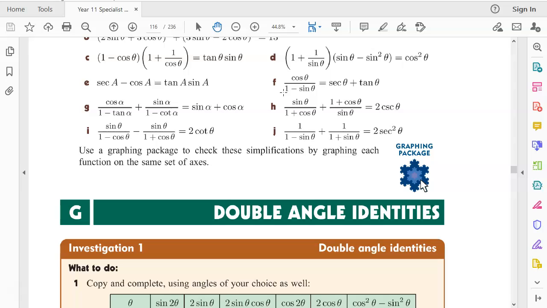So when you times by the conjugate, what is the conjugate, by the way? 1 plus sine. That means downstairs you're going to have 1 minus sine squared. And there are things that you can replace that with.